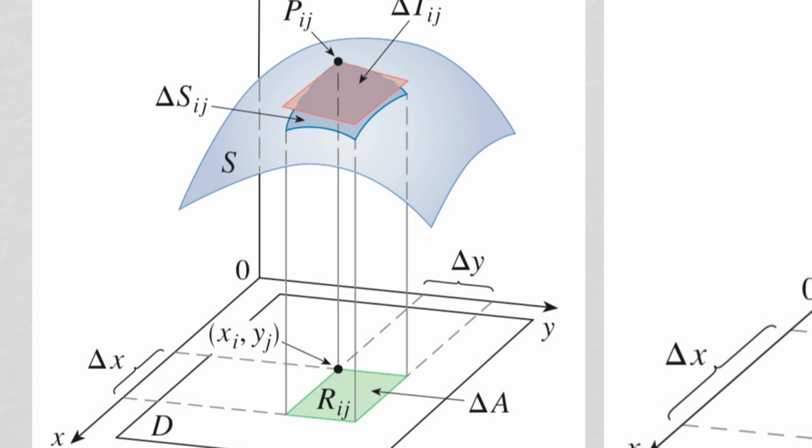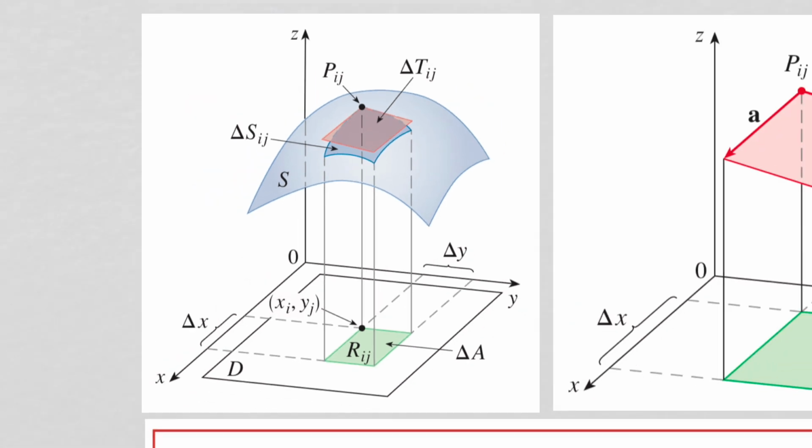What we're going to do is use a parallelogram to approximate the area of that surface. This parallelogram is such that its vertices are above the vertices of the region that we're looking at there.